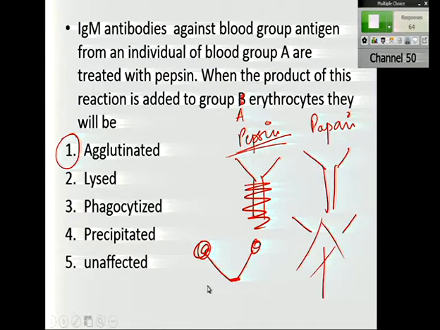There's no binding. See, with papain, all the functions of the antibody are lost. It just goes into three parts, nothing. The Fc portion in a papain digestion can attach to a macrophage, but it doesn't serve any purpose.